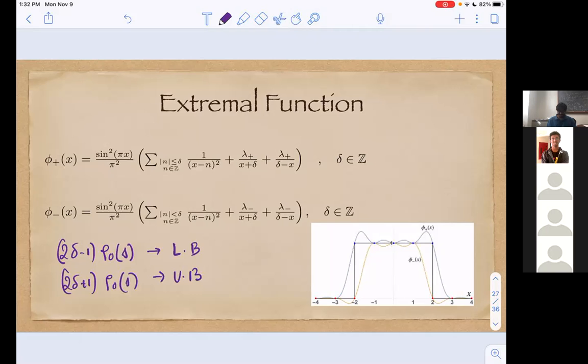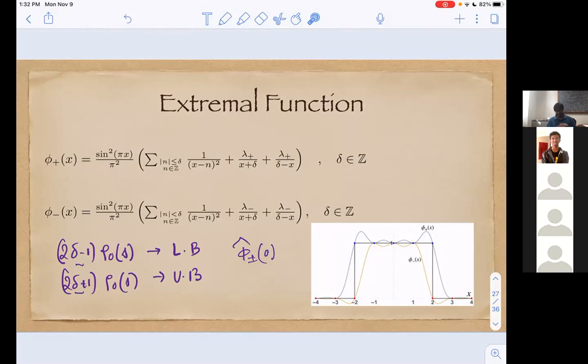Either you can evaluate this by looking at this construction of the function, or you can take this phi plus and phi minus and explicitly do the Fourier transform and evaluate phi plus minus at 0. Either way, we have an example of phi plus or phi minus which precisely produces the saturating value.